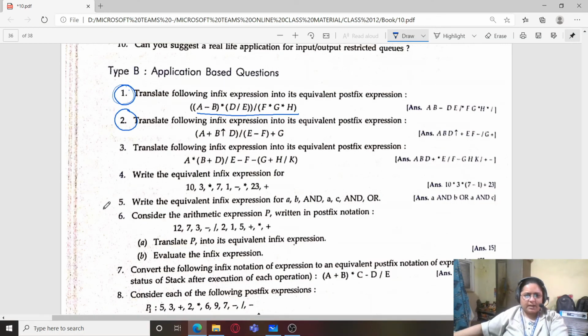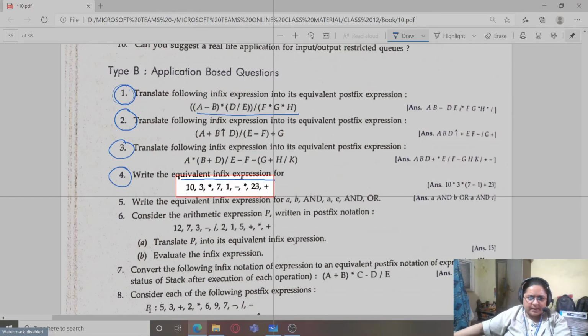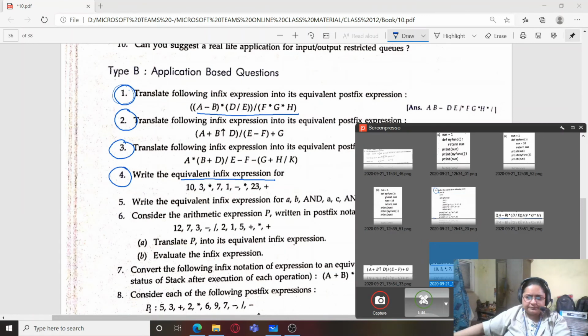Next, we can solve these questions one by one. So I'm going to first take up question number 4. Write the equivalent infix expression for this. I'm going to explain this in two ways.